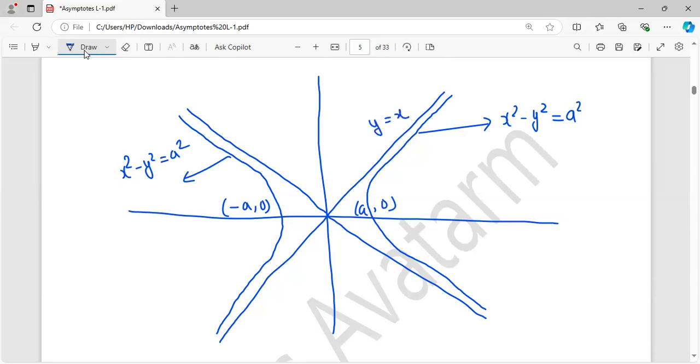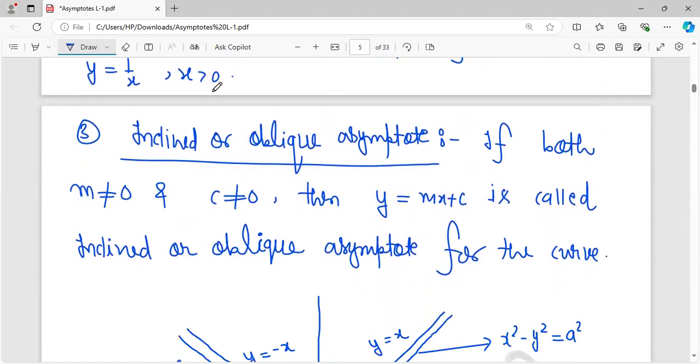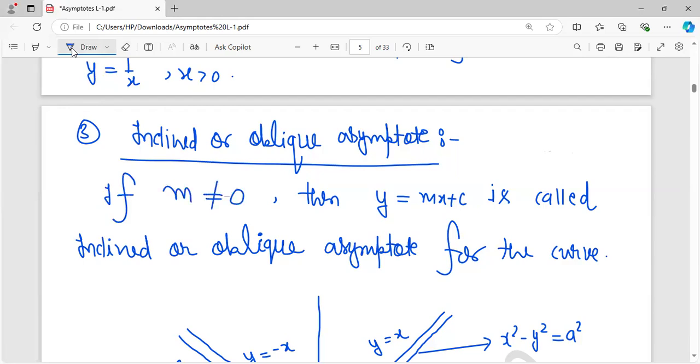So this is y equal to x and this is y equal to minus x. Sorry, in this only, if m is not equal to 0, then y is equal to mx is called an inclined or oblique asymptote for the curve.